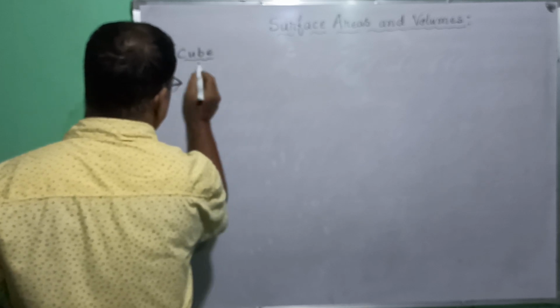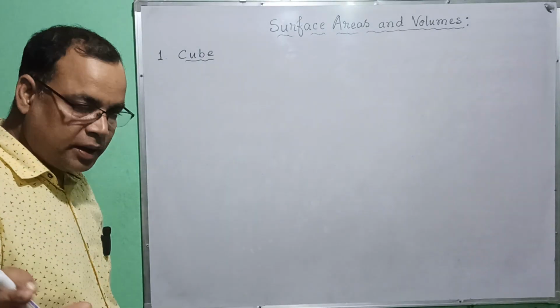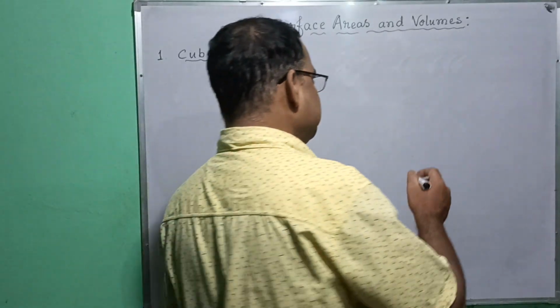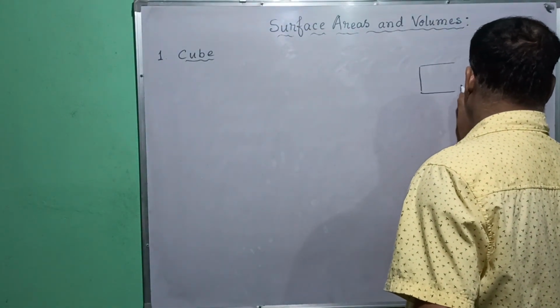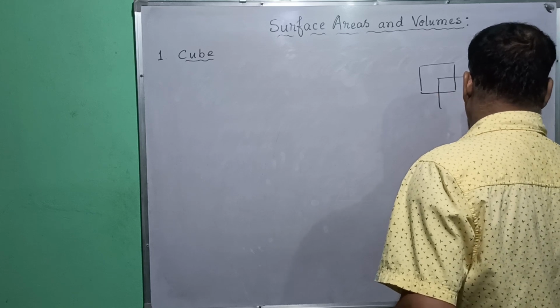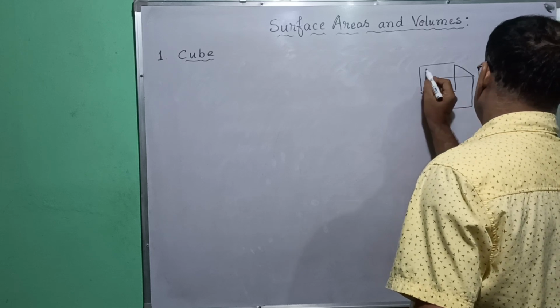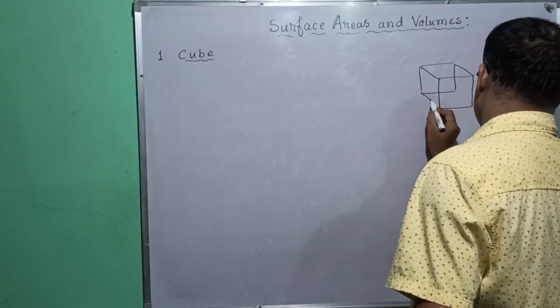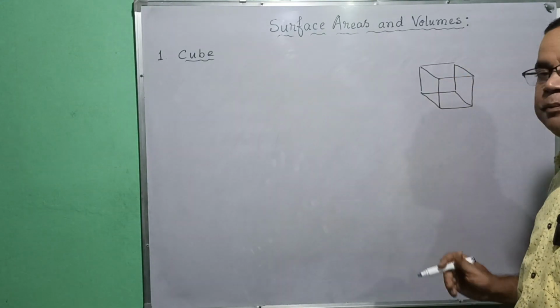So cube, you can write it by giving number 1, cube. What is the shape of a cube? If I draw a cube, it will be like that. So this is the shape of a cube.